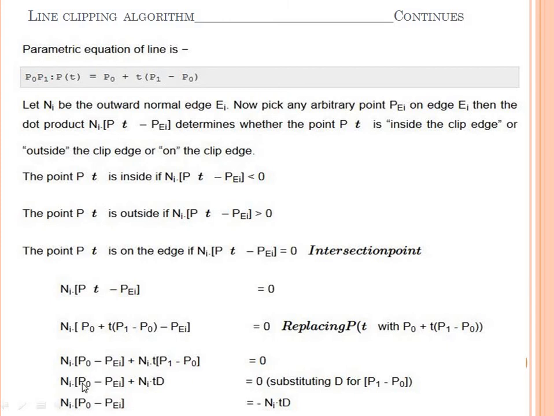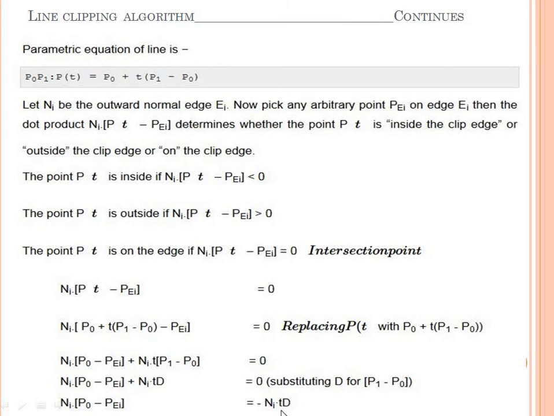So Ni into P0 minus Pei plus Ni into td, where d is substituted for P1 minus P0.